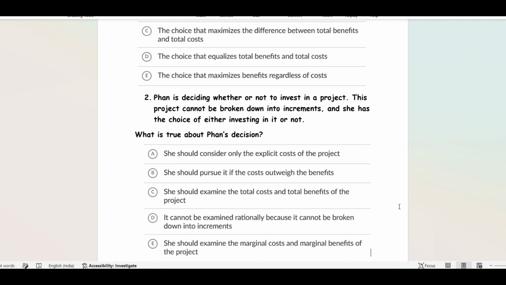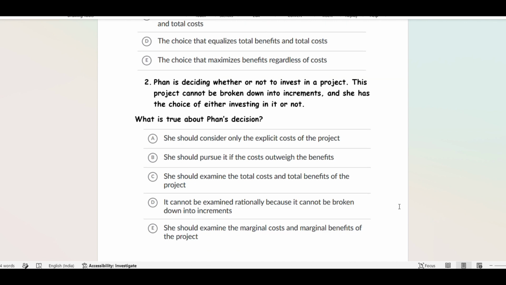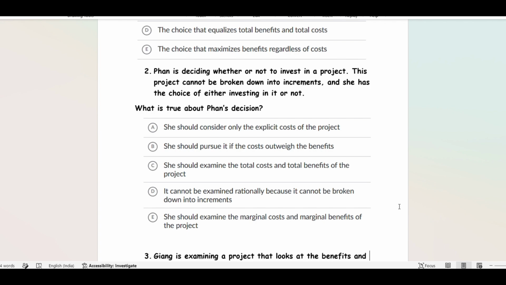Since it cannot be broken down into increments, option E is ruled out, and the other options are also not rational. She should examine the total cost and total benefits of the project, calculate the difference between the two, and if the net benefit is positive, then we go for the project, and if not, we don't. So the option is C.